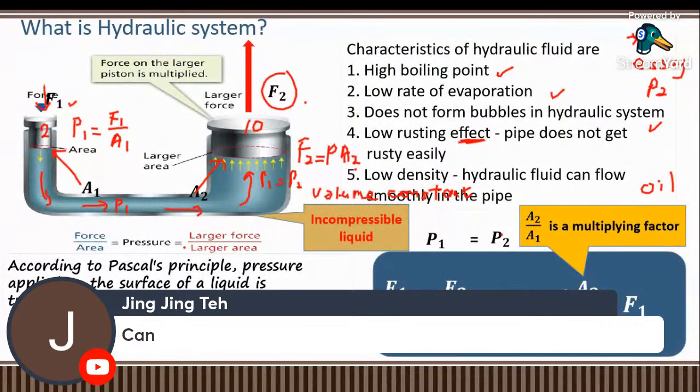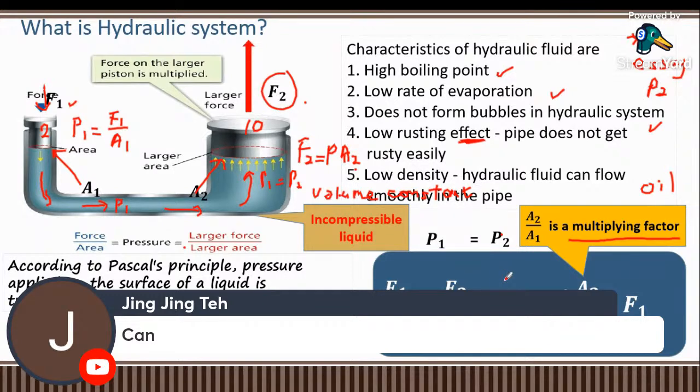So what do we get for the output force F2? 10 divided by 2 times F1, so it becomes 5 F1. So A2 over A1 means the multiplying factor, or we can say the force produced is 5 times greater. 5 kali. That's why we call it the multiplying factor.